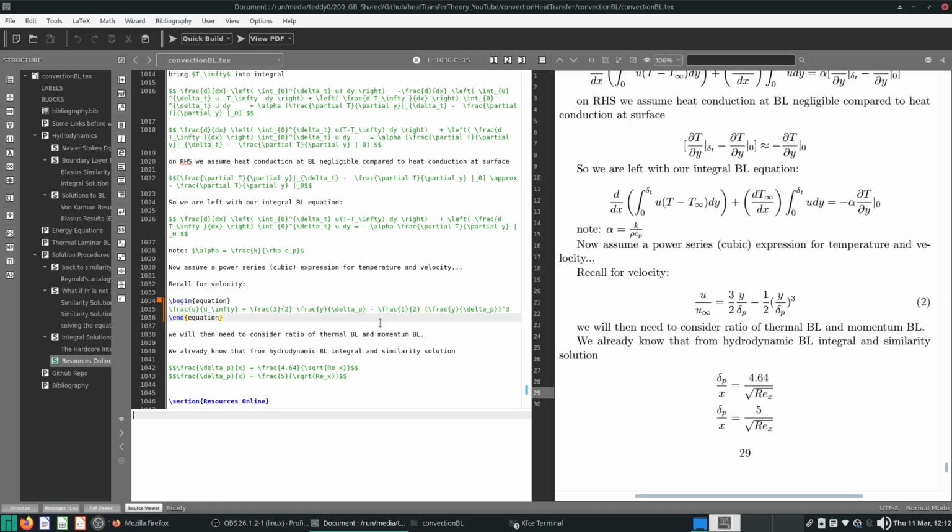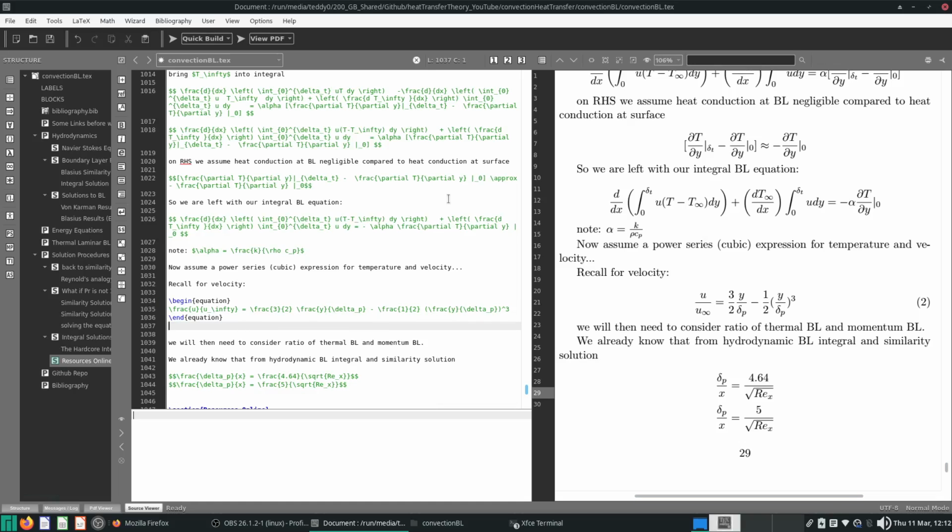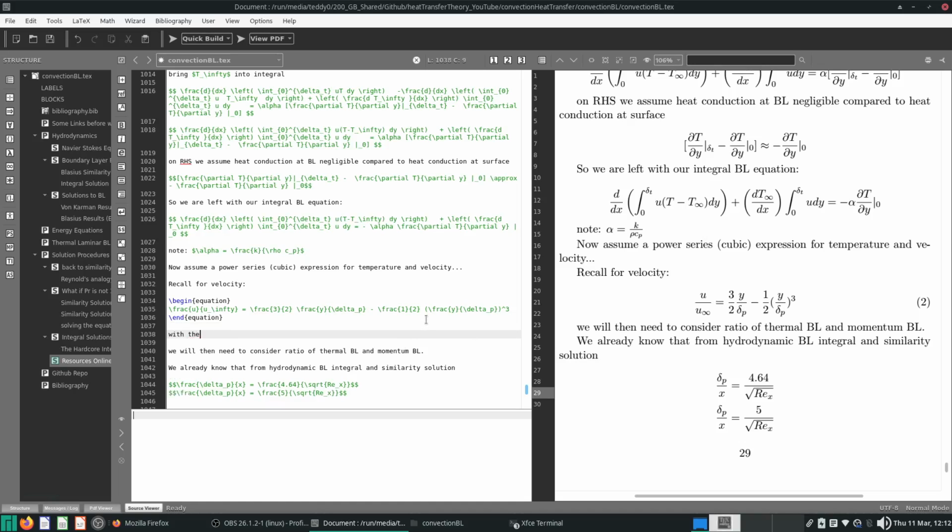So what do we have here? We have these equations, and they are derived with the boundary conditions.